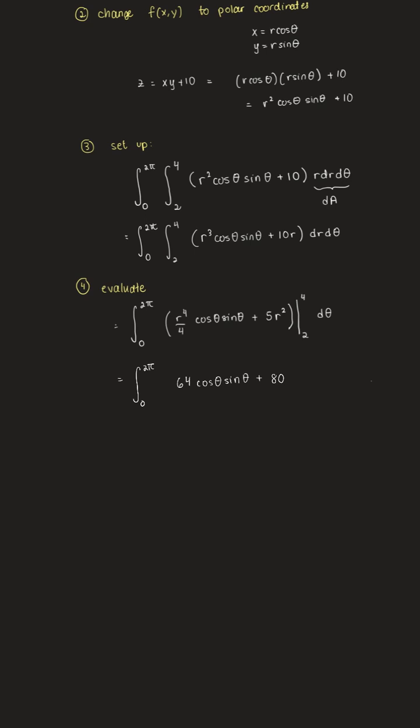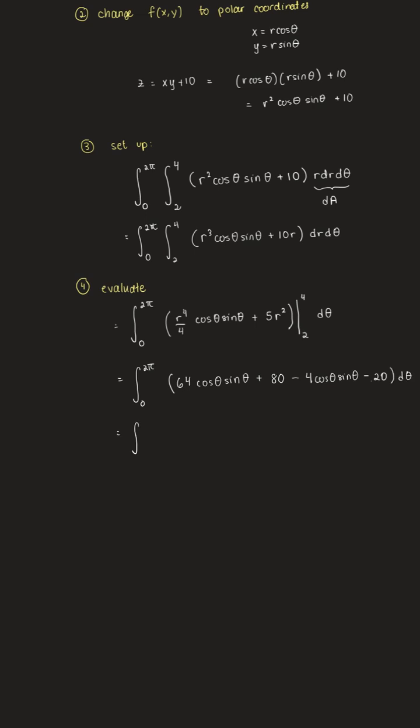And then we subtract what we get when we put 2 in place of r. 2 to the 4th is 16. 16 over 4 is 4, so we have a minus 4 cosine theta sine theta, and I'm going to go ahead and distribute the minus. So minus, when we put r and square it, that's 4. 4 times 5 is 20. And this will be an integral with respect to theta.